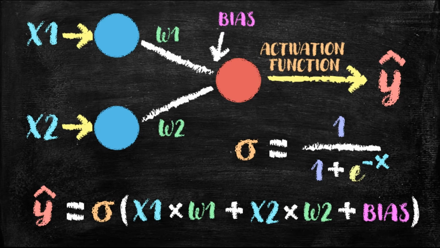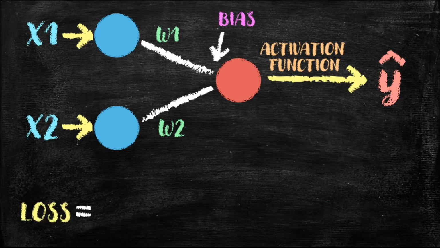And now what we'd like to do is figure out how far off our predictions were from our true values. If you're using supervised learning, then you have the real values of y that you can compare the predicted values to. And we use something called loss in order to determine a numerical value of how far off we are.